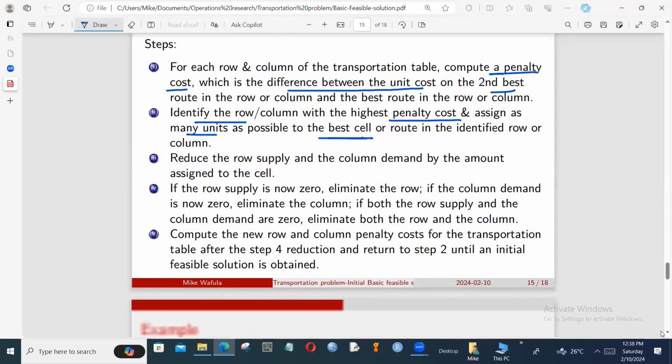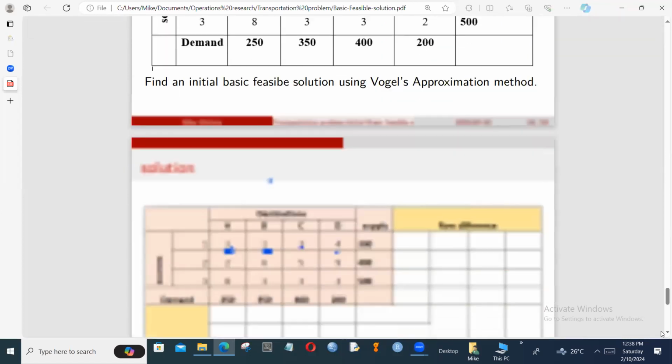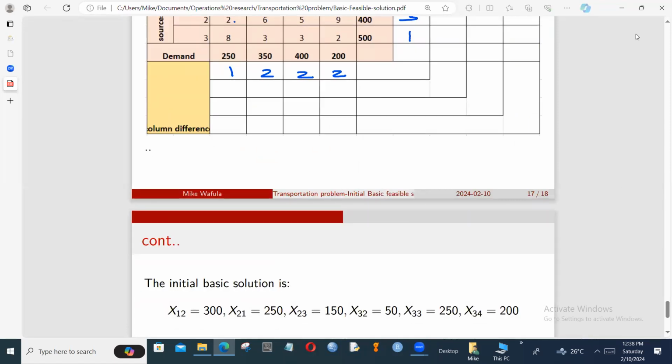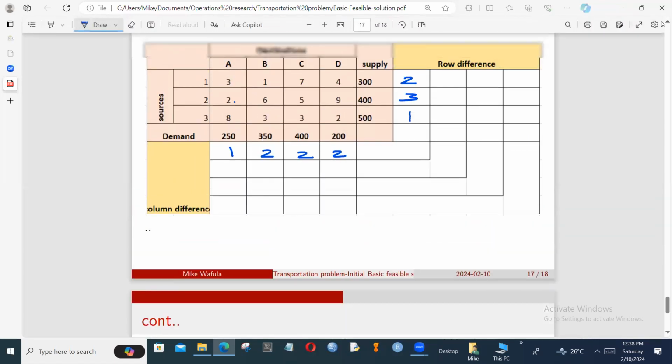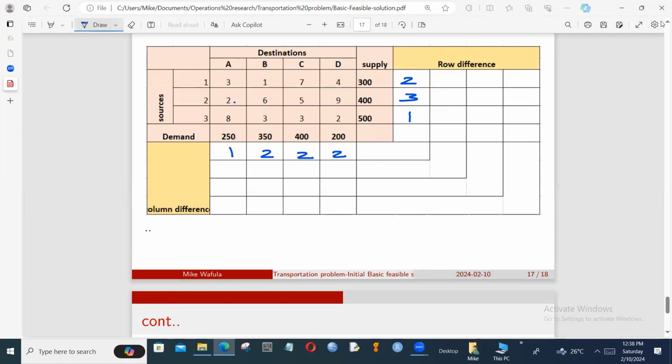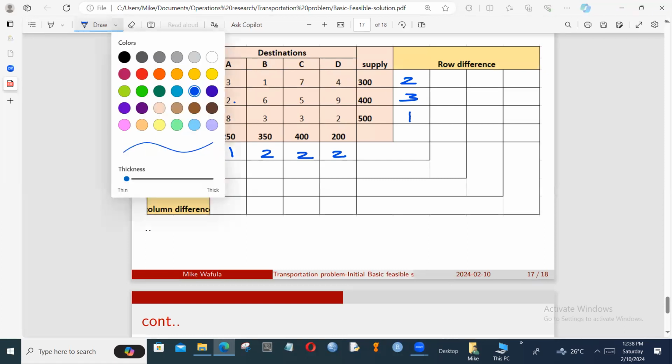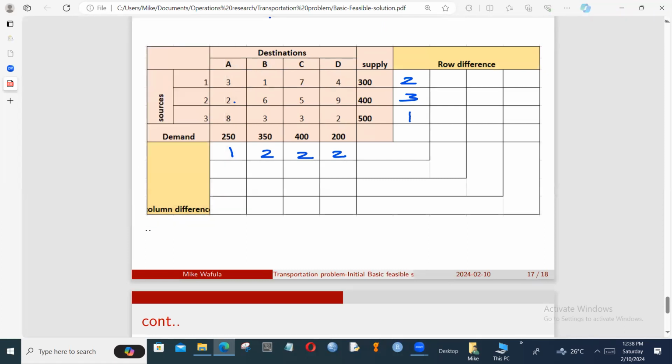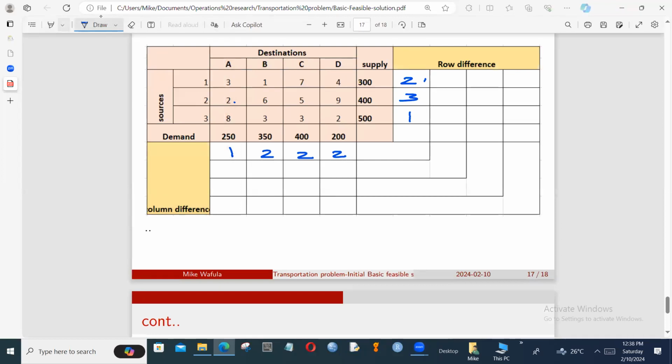So let's go. And first of all, we are looking at this column difference and drawing all this as one thing. I can use a highlighter.